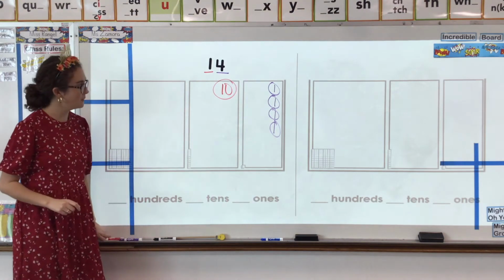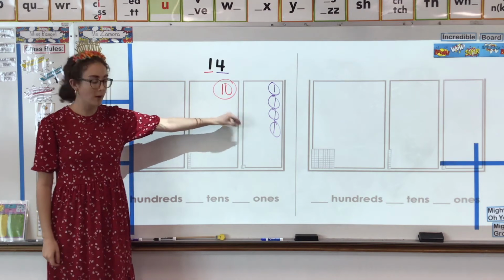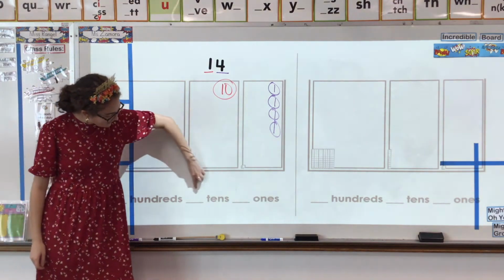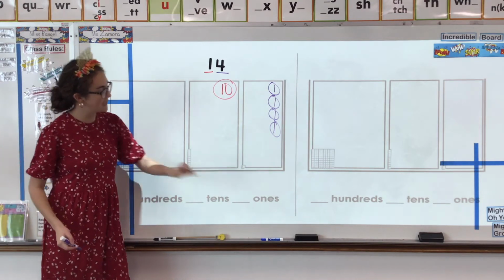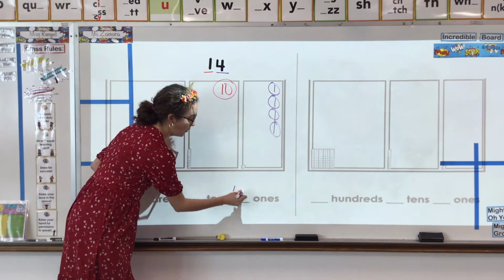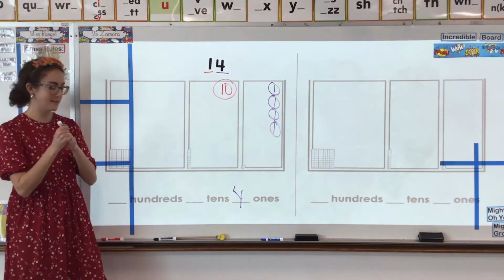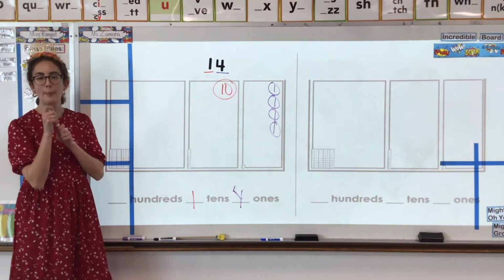Okay, awesome people. So we drew the unit form of 14. Down here at the bottom, we can write it out as well. In 14, how many ones? 4 ones. And how many tens? 1 ten, exactly, good job.